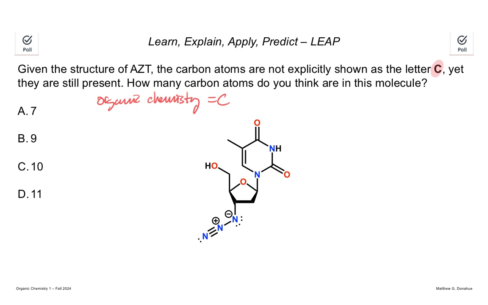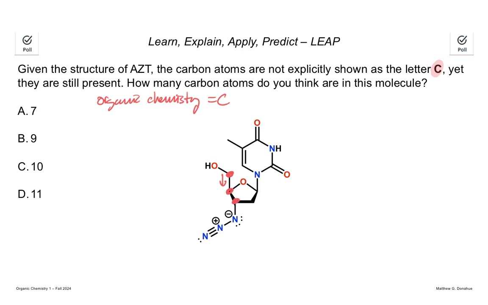What I'll do is go through and highlight the carbon atoms, we'll count them, and then I'll explain the rules of this convention. I'm going to start right here with this bond from H to O to this thing here. So that's a carbon. Then I'm going to move along down this way. So this is a carbon.